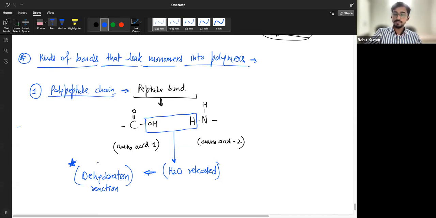Because of the dehydration, this reaction is known as a dehydration reaction that leads to the formation of a peptide bond. And this is how it happens. H2O is released, and then carbon joins with nitrogen. Clear? How is a peptide bond formed? It's a dehydration reaction bond. Draw this.